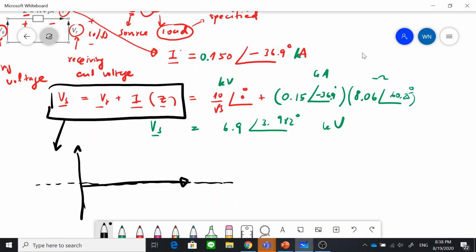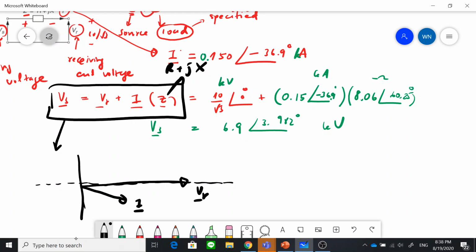Your VR is the reference, so the VR is here. And I times Z: your I would be, since it's a lagging power factor, here, this is I. And Z, if you decompose this, is R plus JX.